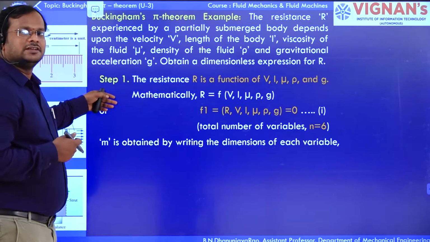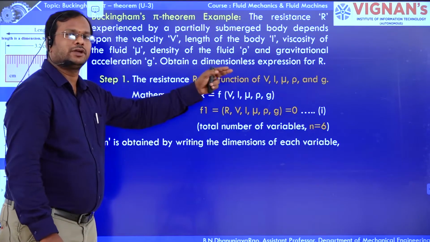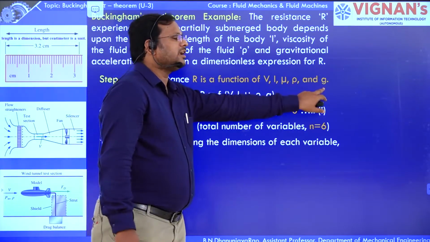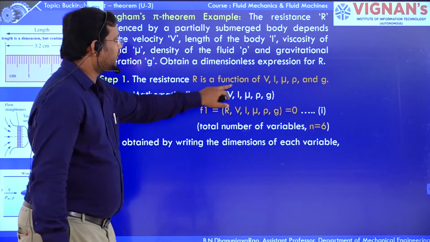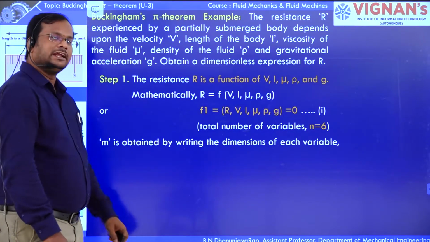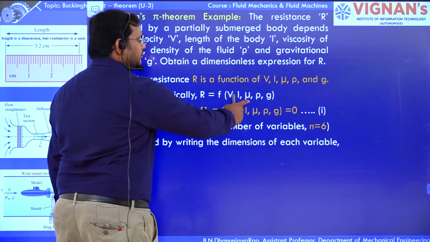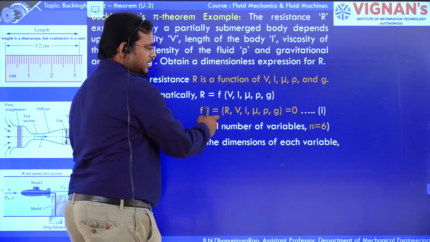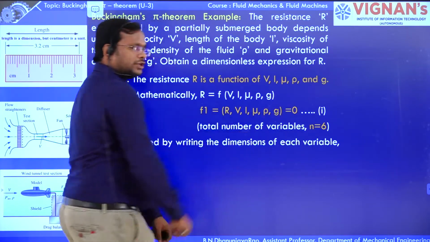Step number 1, the resistance R is a function of the remaining variables, because R is the dependent variable and these are the independent variables. Mathematically it can be written as R is equal to f of v, L, mu, rho, g, so that f1 of R, v, L, mu, rho, g is equal to 0.